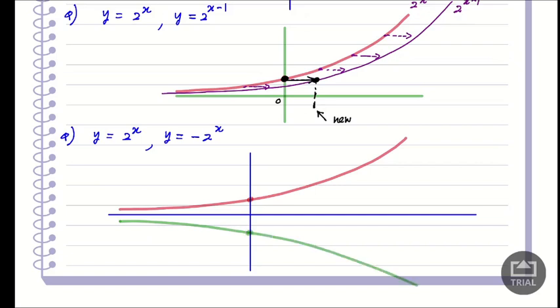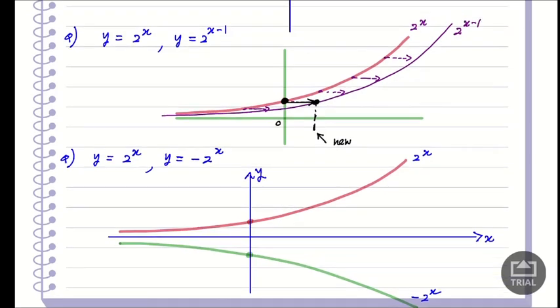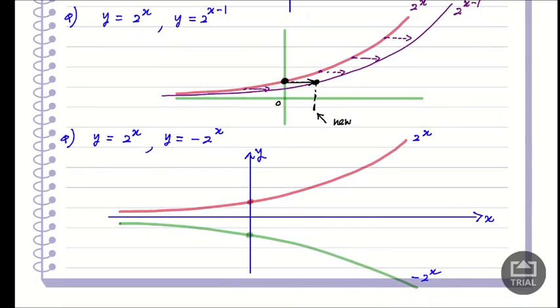Now it's your job to understand the difference between this and this, right? So we are not going to spoon feed you on that. That responsibility I will leave with you. So this is 2 to the power x. This is minus 2 to the power x. Any questions, you can stop me. Otherwise, these are very general things which you can collect through your intellect.